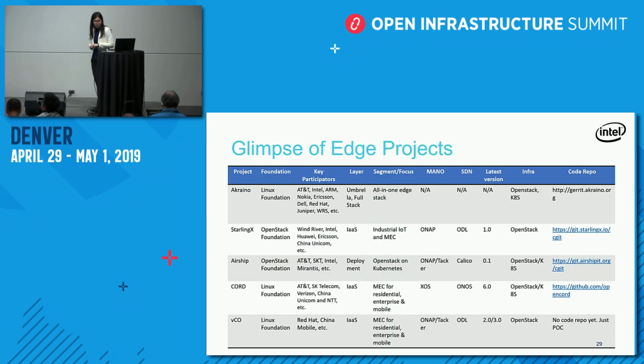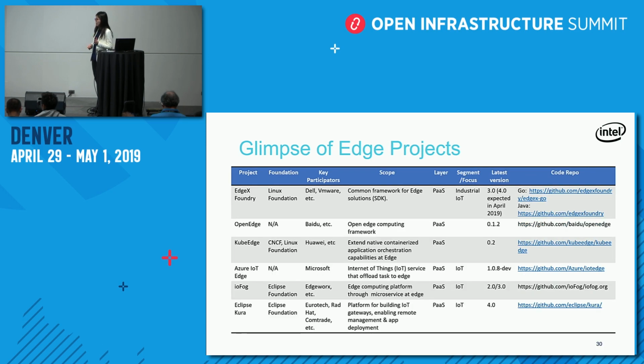Due to time restrictions, I'm not going to talk more about the projects, but I will have 2 more slides for reference. I will put the segment focus, the infrastructure, the code repos, as well as the key participants here to give you some extra information. There are 2 pages about 11 projects.